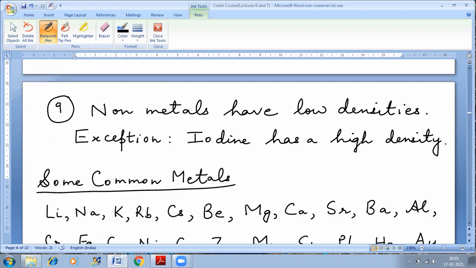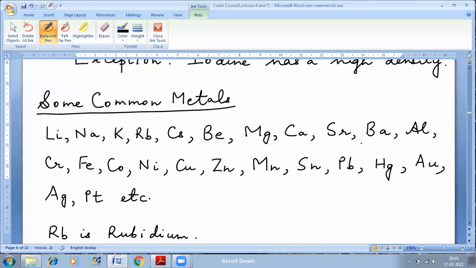Again, non-metals have low densities, but iodine has a high density. And so iodine is lustrous also, right?